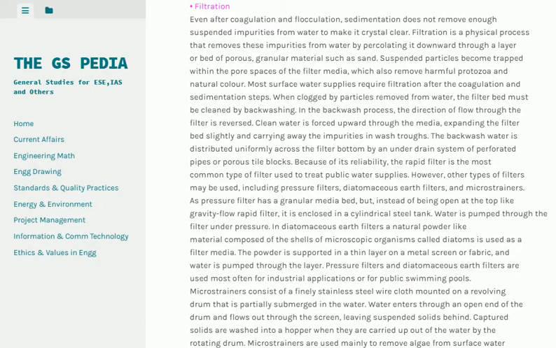Most surface water supplies require filtration after the coagulation and sedimentation steps. When clogged by particles removed from water, the filter bed must be cleaned by backwashing. In the backwash process, the direction of flow through the filter is reversed.